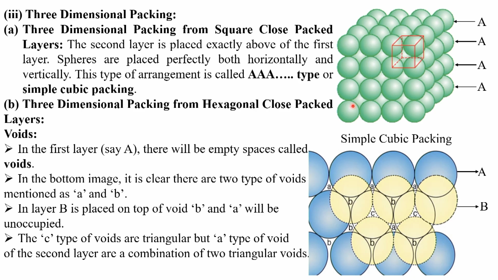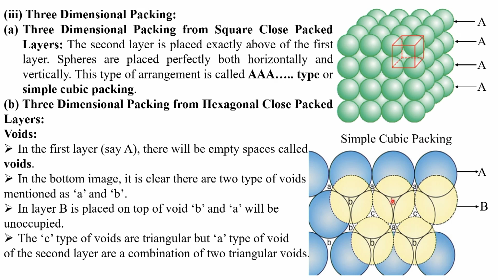Okay, so now 3-dimensional packing from hexagonal close packed layers. Now we discuss voids. In the first layer, say A, there will be empty space called void. In the bottom image, it is clear that there are 2 types of voids mentioned as A and B. You can see void A here and void B here.